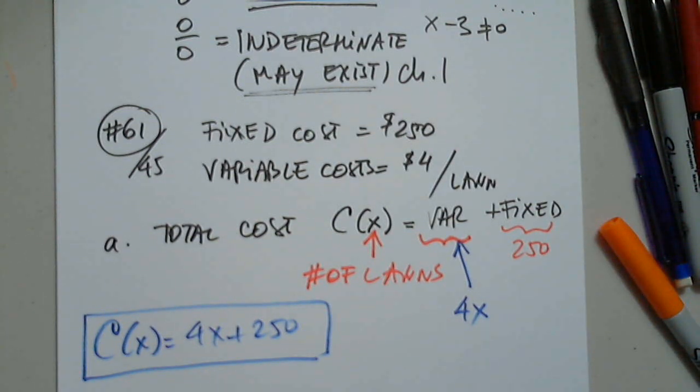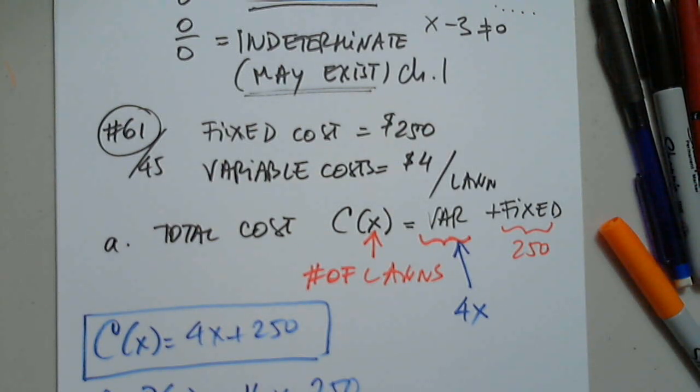Jamal determines that the total profit function for the lawn mowing business is given by, in part B, P of x, total profit, 16x minus 250. Find the function for the total revenue from mowing x lawns. How much does Jamal charge per lawn?